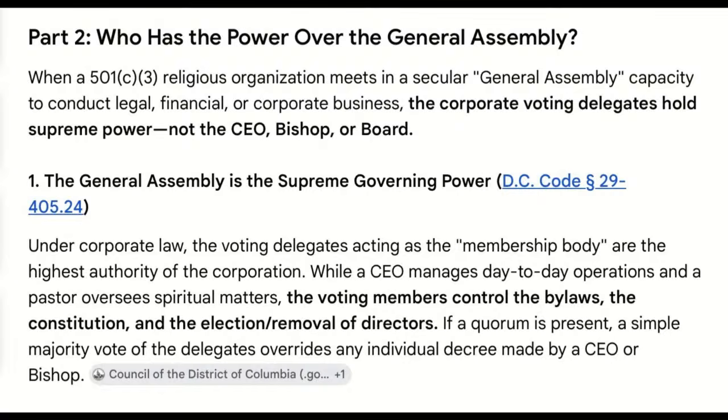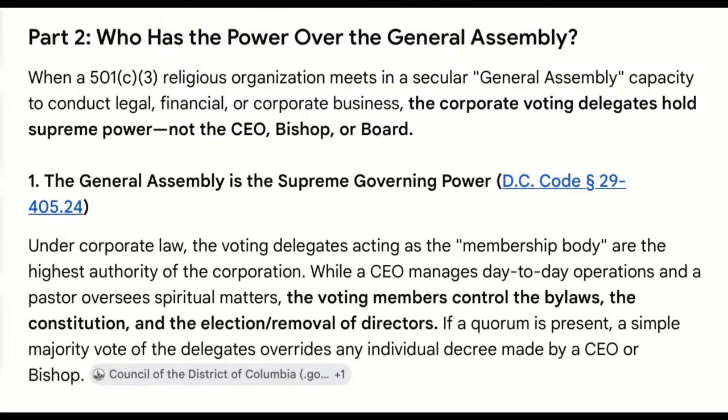While the CEO manages day-to-day operations and the pastors oversee spiritual matters, the voting members control the bylaws. Y'all see this? The voting members in the assembly control the bylaws. The members control the Constitution. The members control the election and the removal of directors.